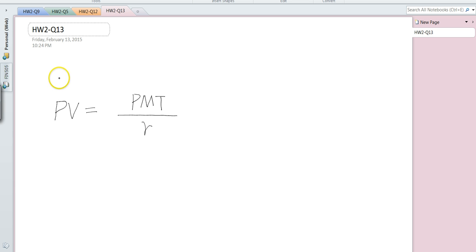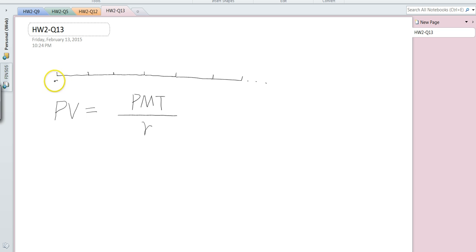So the formula for the perpetuity is quite simple, but it's very important to know when we can apply this formula.